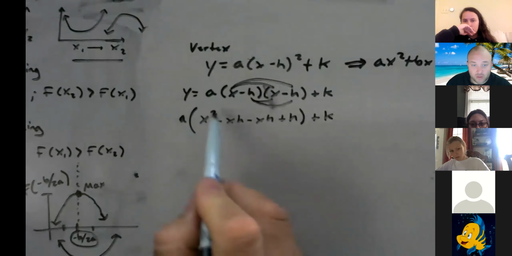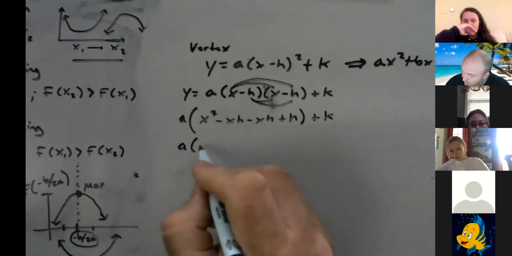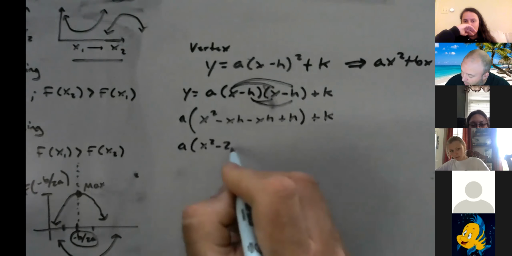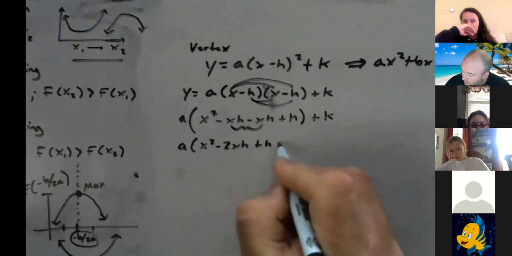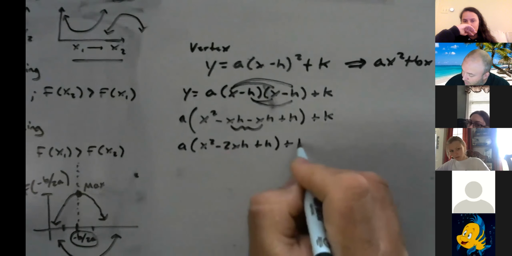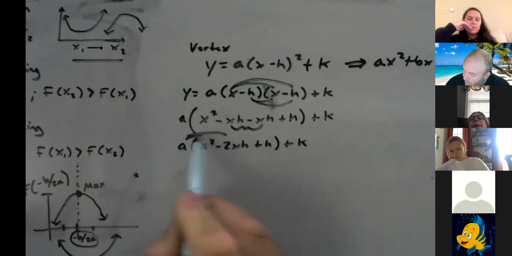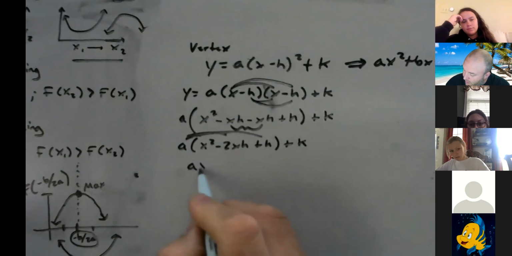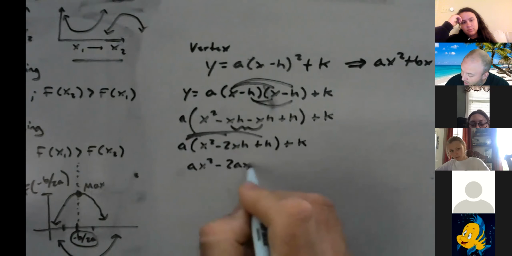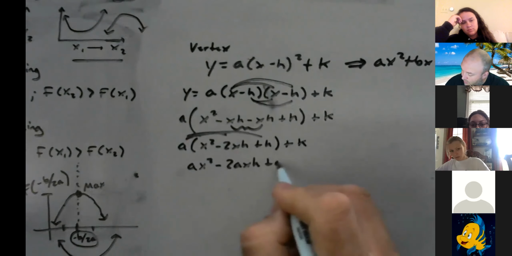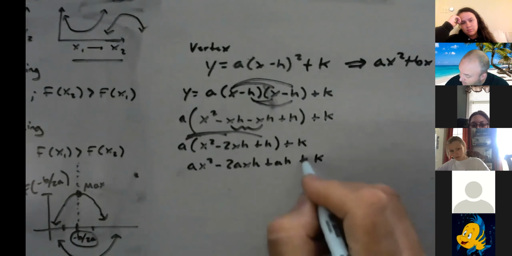So we see the x squared term come into play here. We have a times x squared minus 2xh, since we have those two here, plus h squared, plus k. Distribute. We have ax squared minus 2axh plus ah squared plus k.